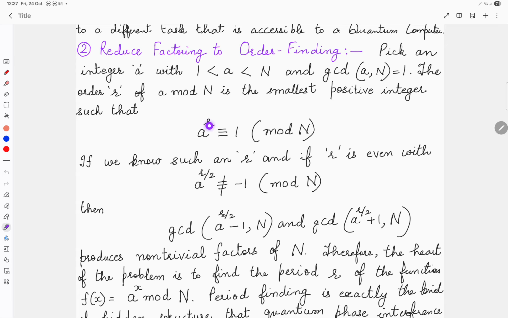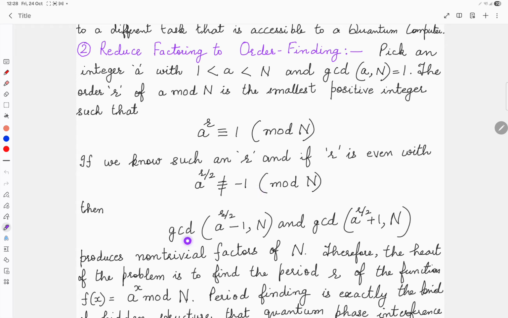So if I know r, a to the power r is congruent to 1, so I can check this equation: if r is even and a to the power r by 2 is not congruent to -1 mod N. I will also explain the meaning of this line because this is important. If these two tests hold, that means r is even and this equation is satisfied, then I can find the factors.